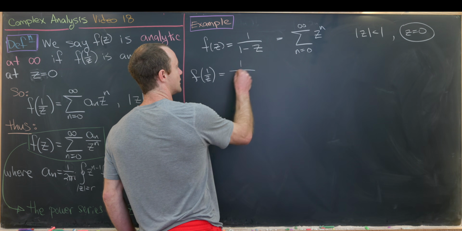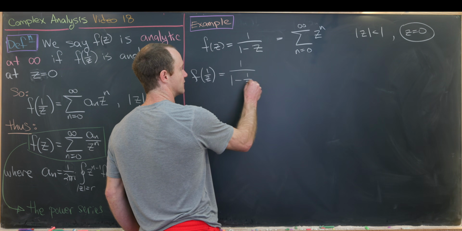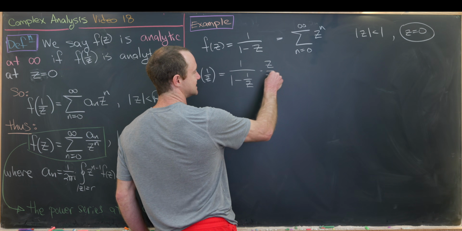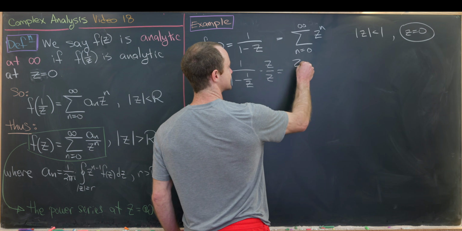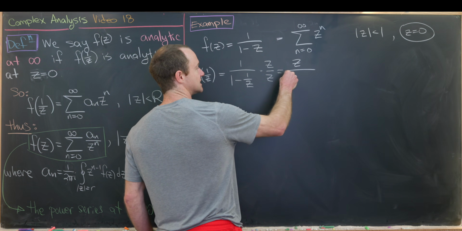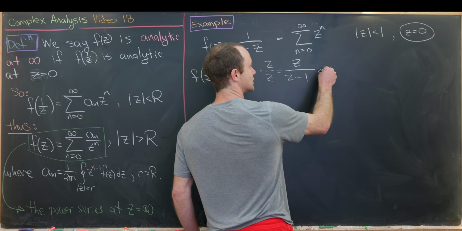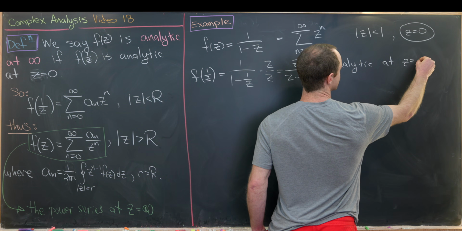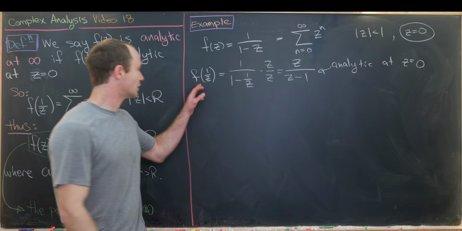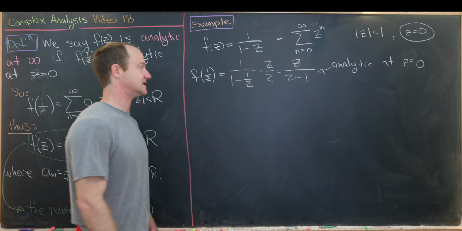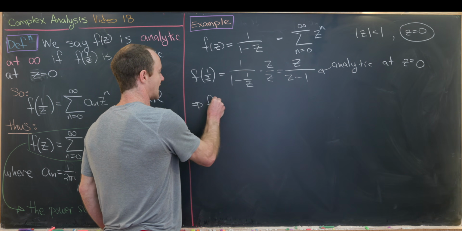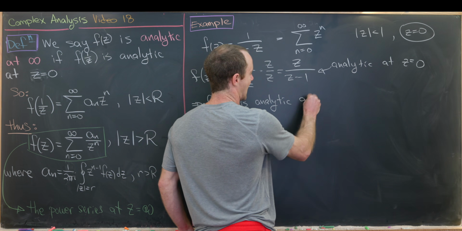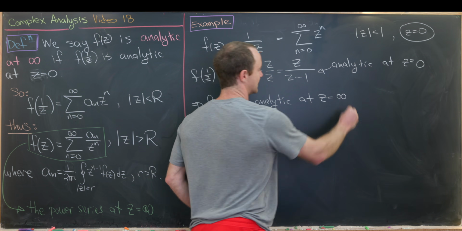Notice that that is 1 over 1 minus 1 over z. But then we can simplify this a little bit by multiplying by z over z, and that's going to give us z over z minus 1, which is most definitely analytic at z equals 0. So f of 1 over z is analytic at z equals 0. That tells us that our original function f of z is analytic at z equals infinity.